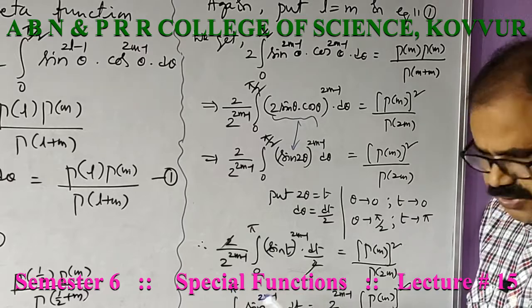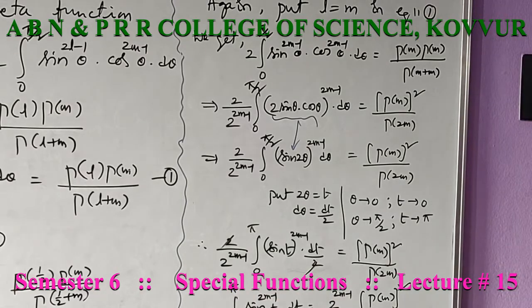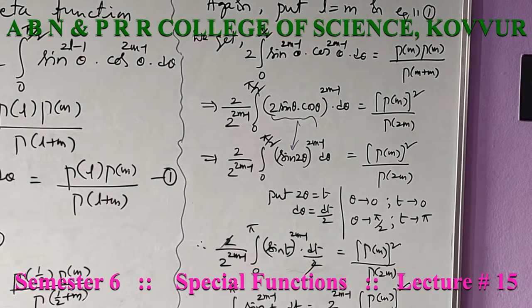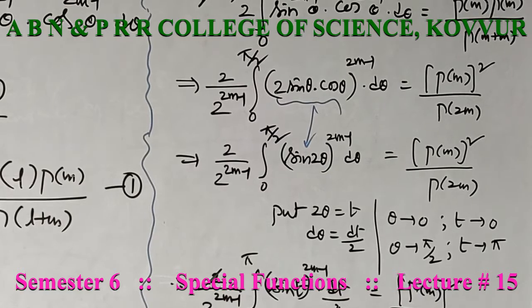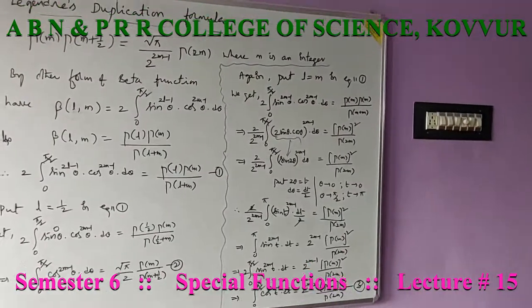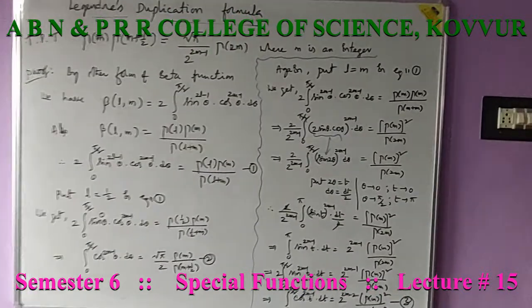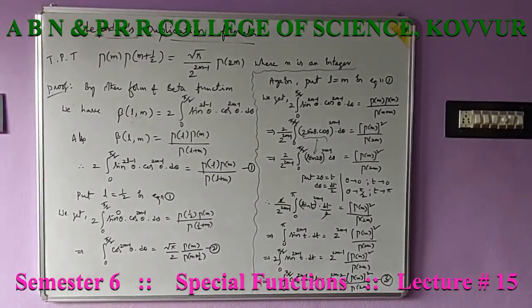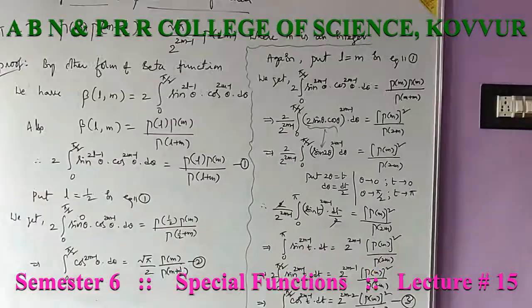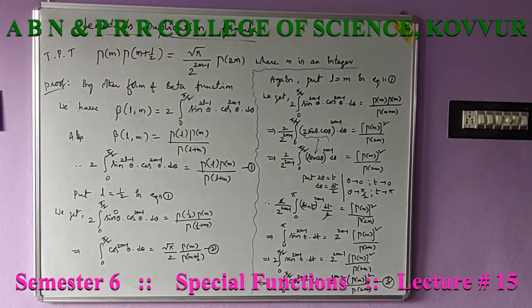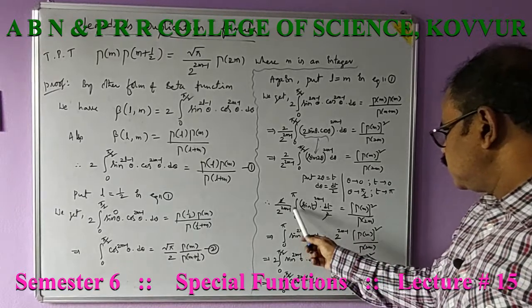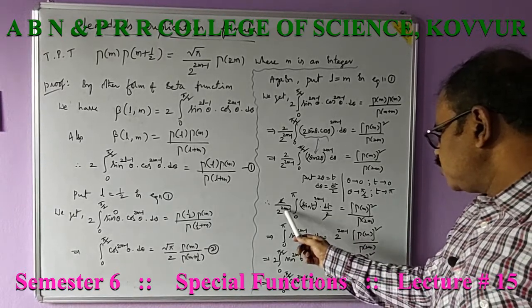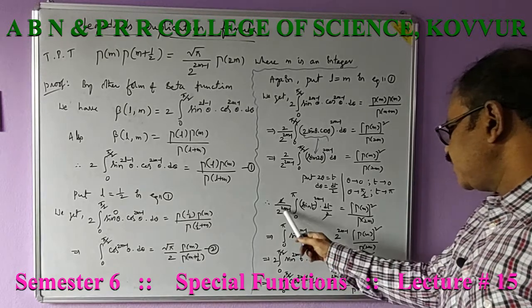Now this one, integral 0 to pi, 2 to the power of 2m minus 1 I send to the right hand side.